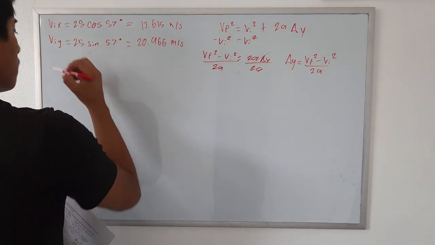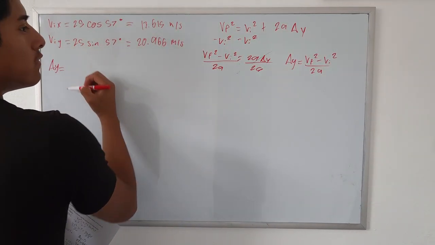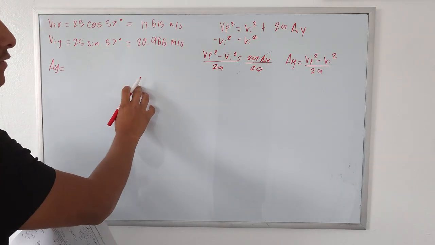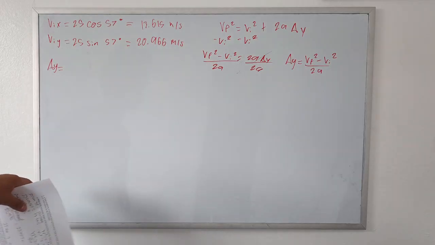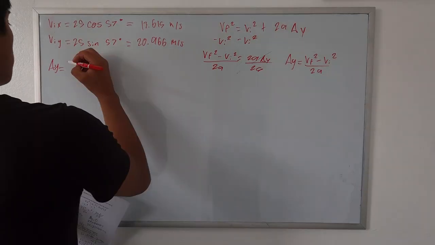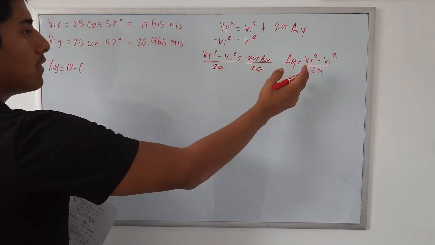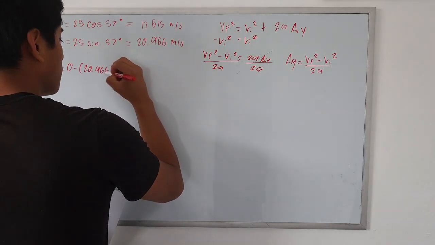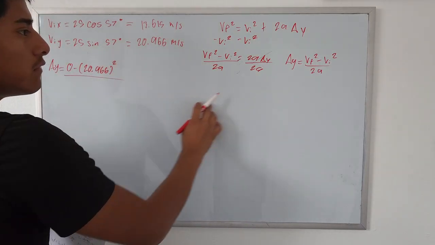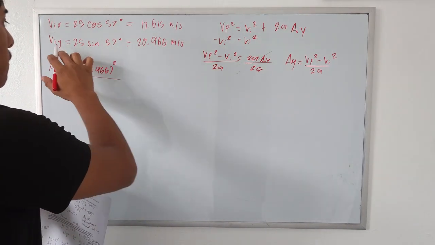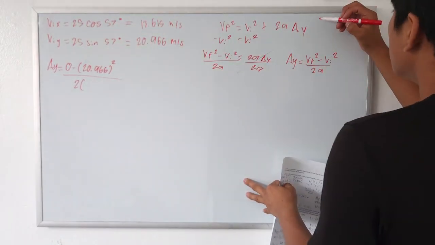And then now we plug in all of our values. So we have delta y equals vf squared. Vf is going to be at the top, so that's when the velocity is 0, because that's when it starts to turn around and start going down. So it's going to be 0 minus the initial, which is 20.966 squared, all over 2, and then the acceleration for y, I need to write that down.